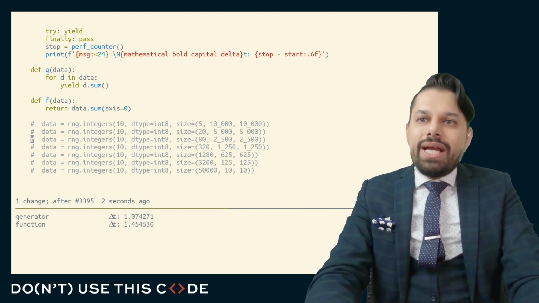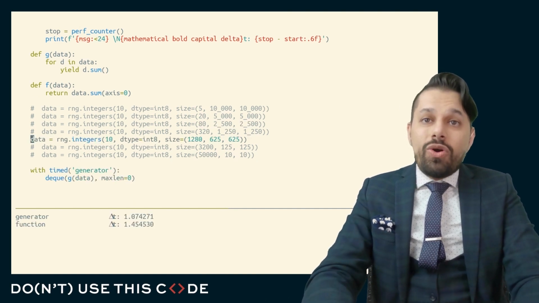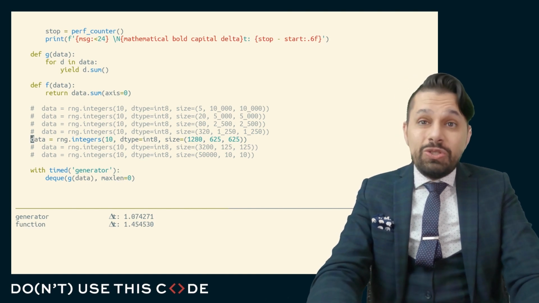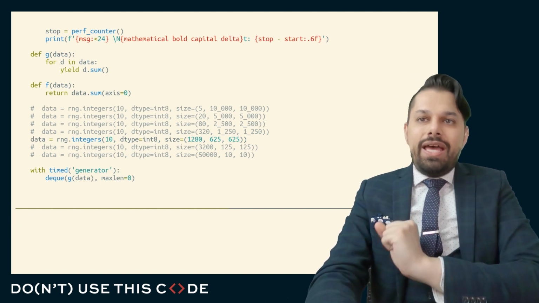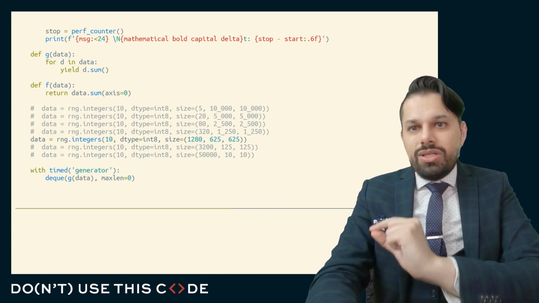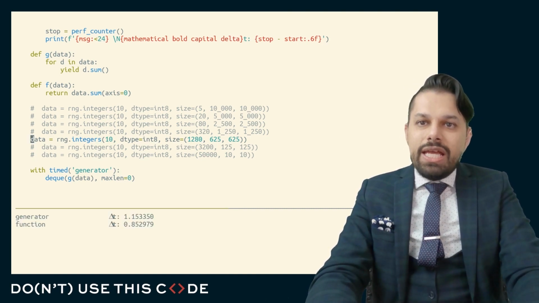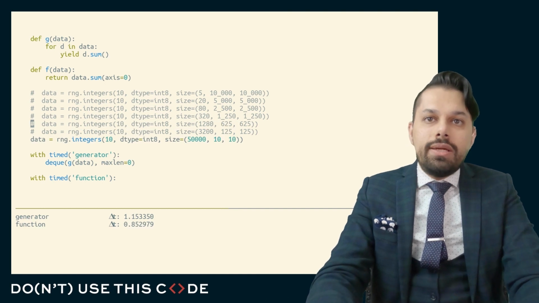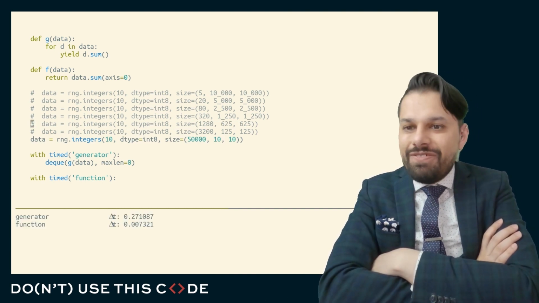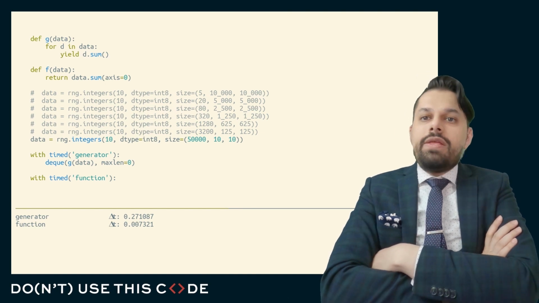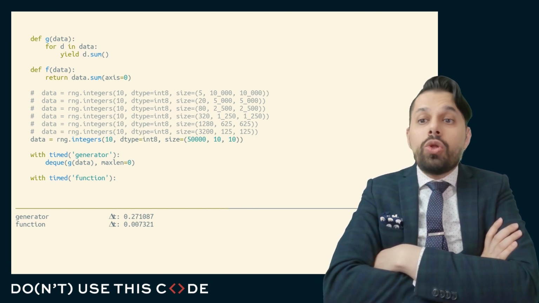And if we take a couple of steps ahead and run it over 1,280 625 by 625 matrices, we're going to start to see that function formulation, that eager formulation, pulling ahead. And if we change this so that it's not 5 10,000 by 10,000 matrices, but 50,000 10 by 10 matrices, the function formulation, the eager formulation, will pull way ahead.